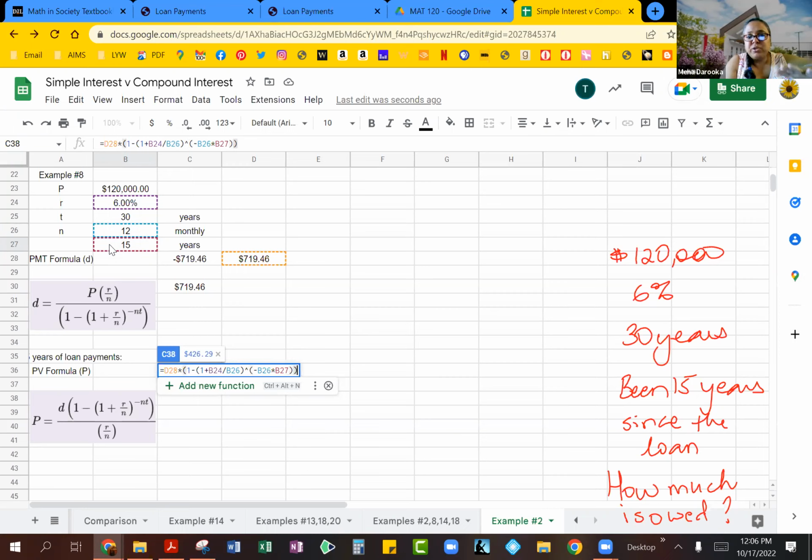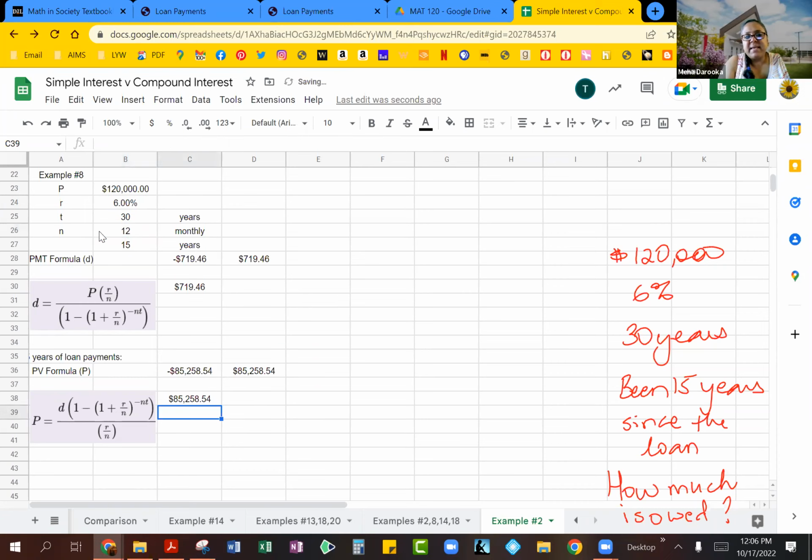Now you will close your parentheses again because we want to close that whole 1 minus 1 plus thing. And then in the denominator, you're going to have your R divided by N, and of course, you want to put that in parentheses also. So R would be 6% divided by N, which is your 12. So basically how we type this in example 2, that's the same way you're typing here. The only difference is this time you are using the 15 years.